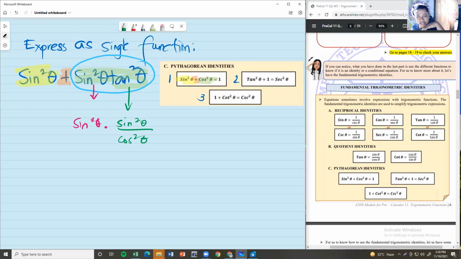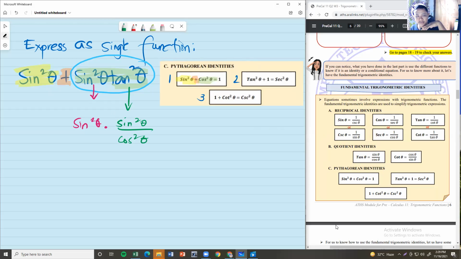Looking at this, I believe hindi tayo makakapag-cancel kasi magiging to the fourth power lang yung ating sine. Can you follow? Can you see it? Ang goal natin maging cosine siya. No. We cannot use this.